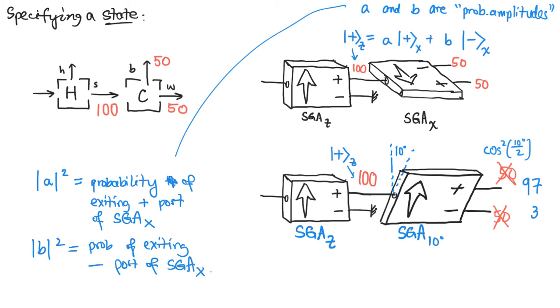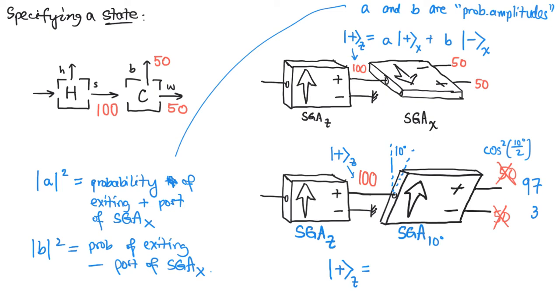Okay. Now it wouldn't make much sense to write the Z state in the second experiment in terms of the plus X and minus X states, because we don't have an X analyzer here, right? We have a 10-degree analyzer. So what we'd like to do in this case is express the plus Z state in terms of the quantities that we're going to be measuring.